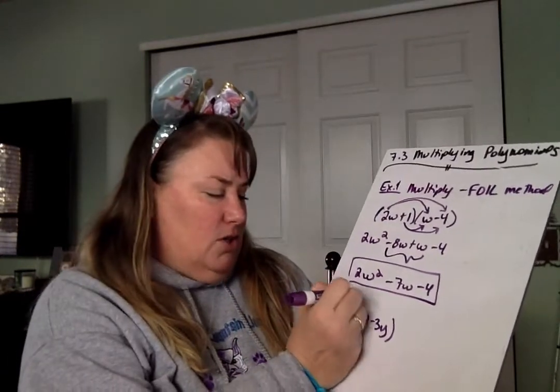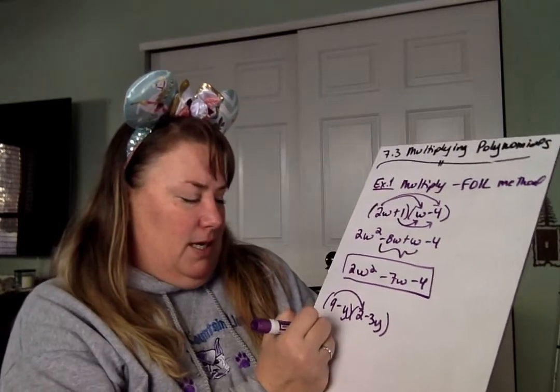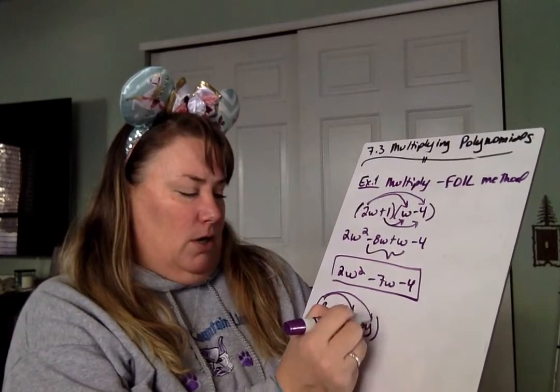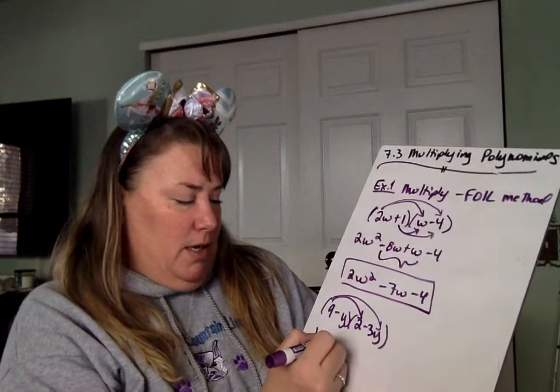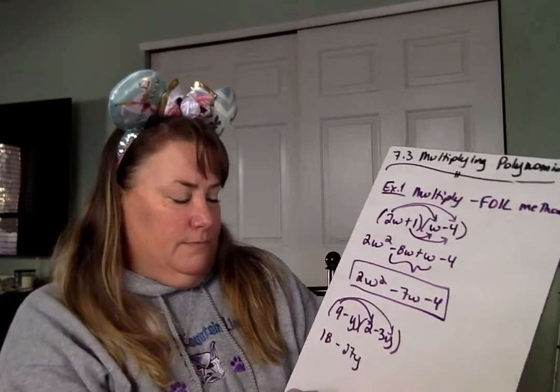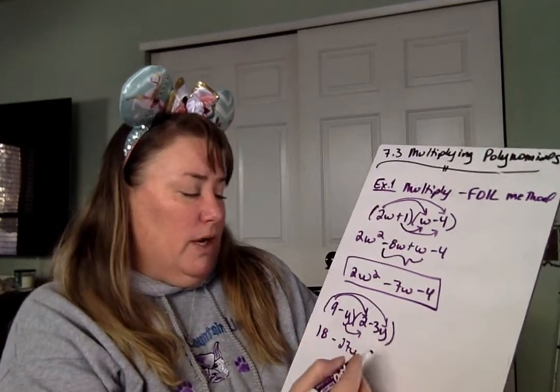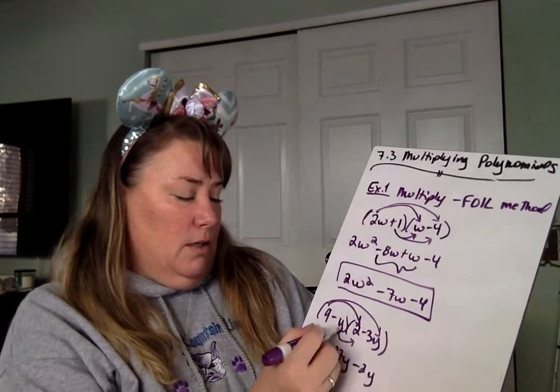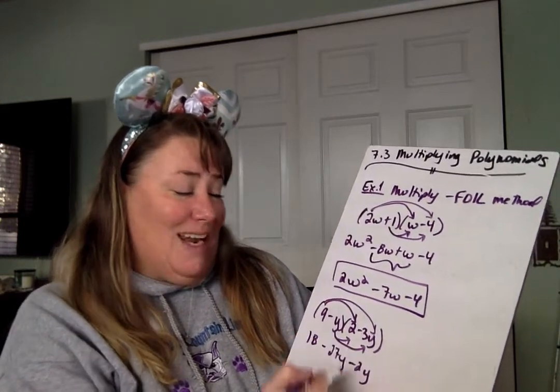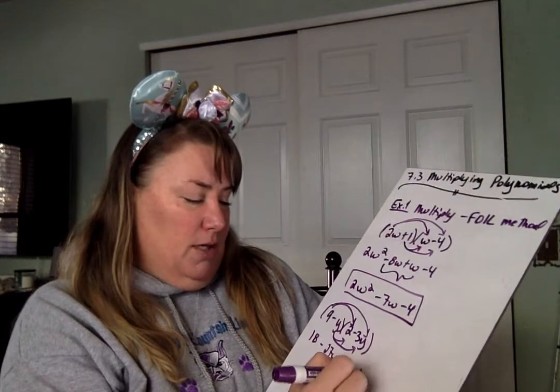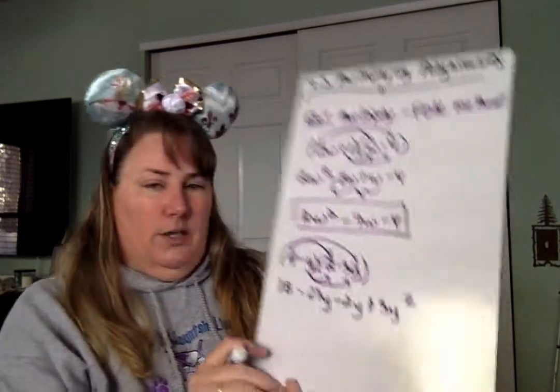So here we go. First, 9 times 2 is 18. Outer, 9 times a negative 3y, negative 27y. Inner, negative y times 2 is a negative 2y. Last, negative y times a negative 3y is a positive 3y squared.